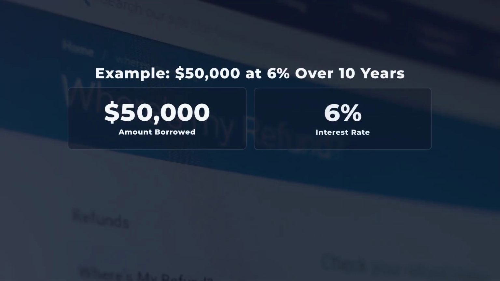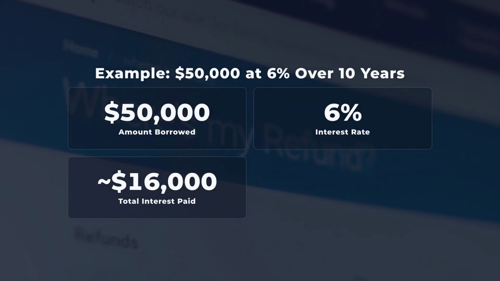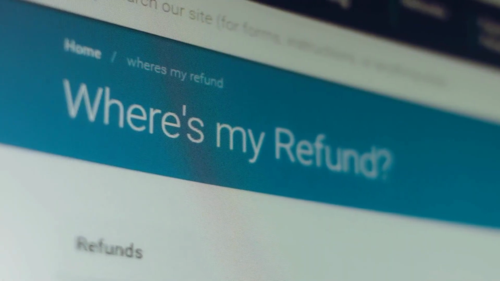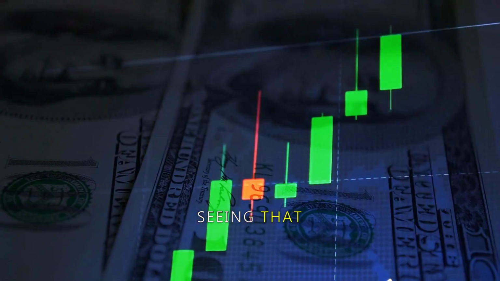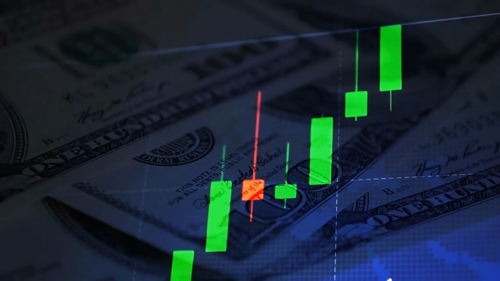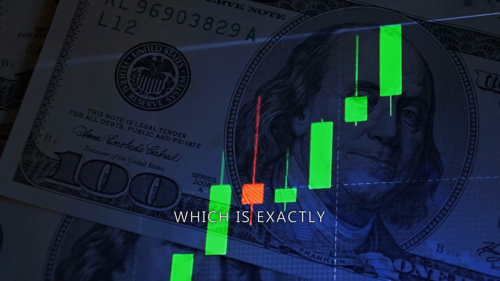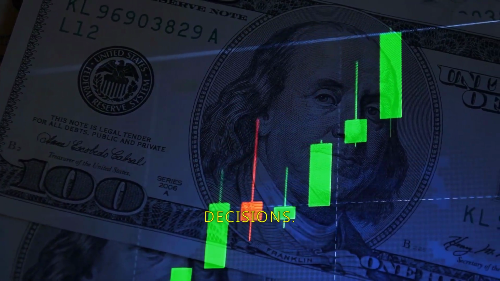For example, borrowing $50,000 at a 6% interest rate over 10 years might result in a total interest payment of nearly $16,000. Seeing that number up front helps you weigh whether the purpose of the loan justifies the long-term cost, which is exactly the kind of clarity that leads to smarter financial decisions.